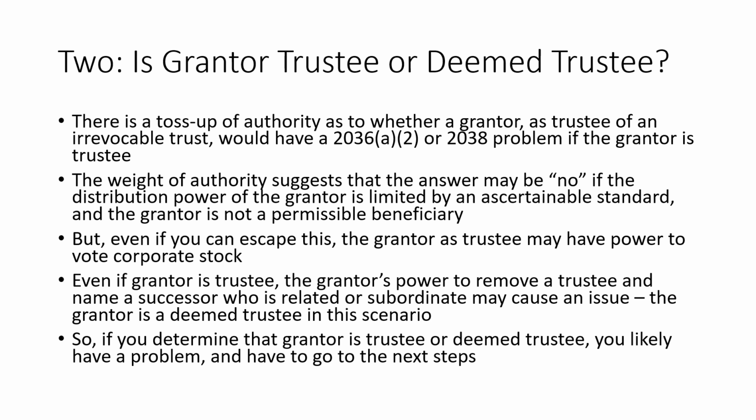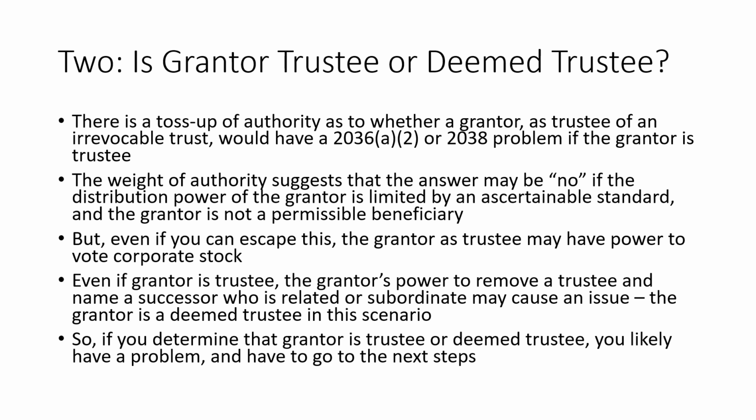So if you have an irrevocable trust that's funded by gift, and that gift is shares of corporate voting stock, you need to look at whether the grantor is a trustee or could be trustee of that trust. The weight of authority suggests that there's no issue under 2036 in general or 2038 if the distribution power of the grantor as trustee is limited by an ascertainable standard.